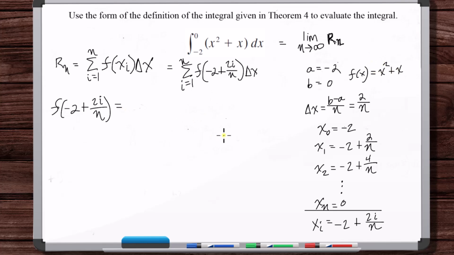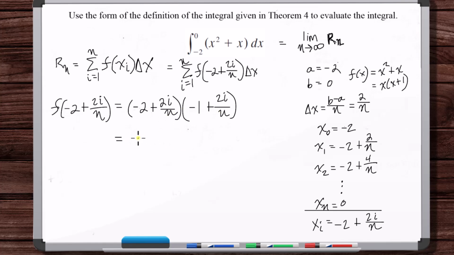So this is x times x plus 1. x is minus 2 plus 2i divided by n, and then x plus 1: minus 2 plus 1 is minus 1, so minus 1 plus 2i divided by n.